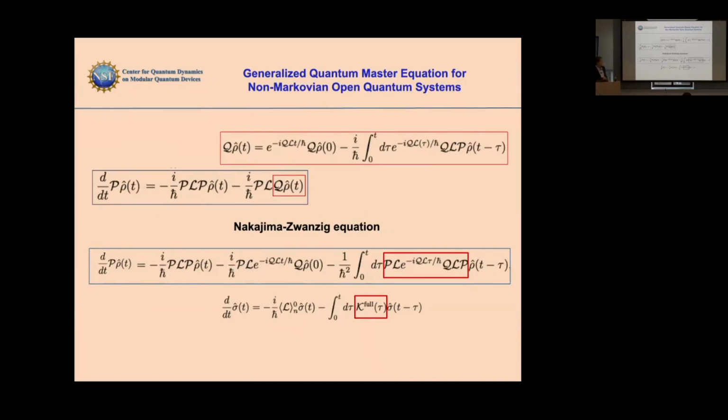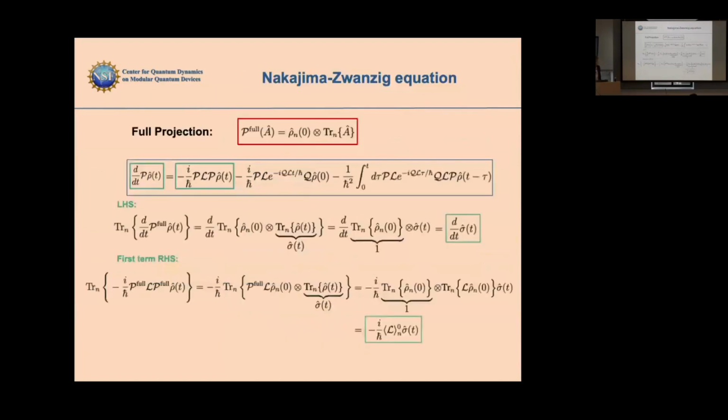And we see that this is the projected Liouvillean. This term will go to 0, and that is the memory term once we trace over the bath. To prove that is simply getting the time derivative of the same expression.